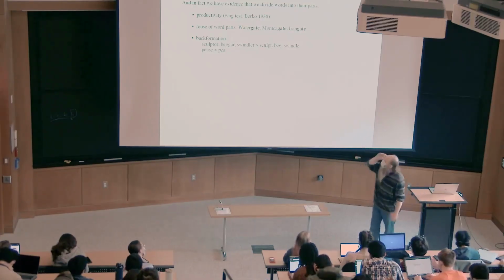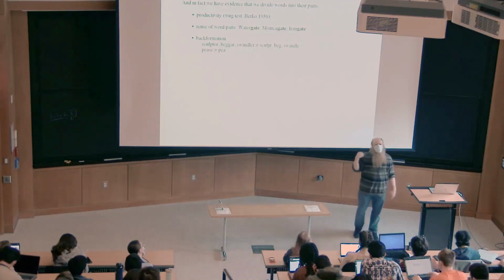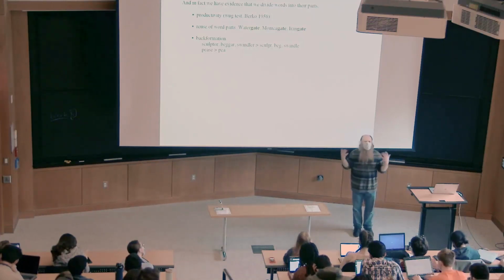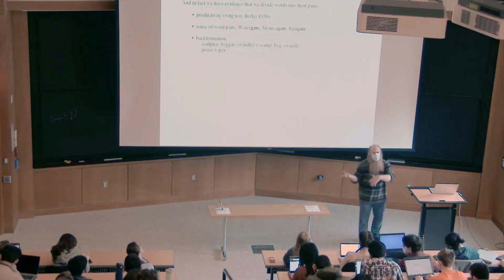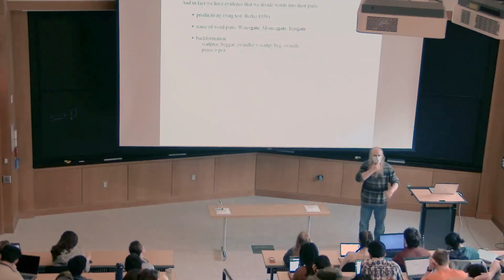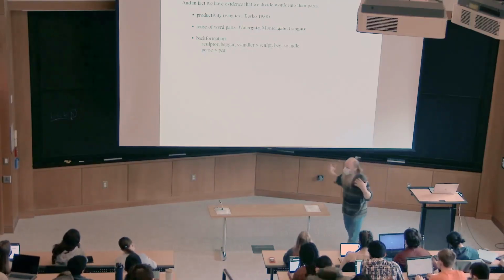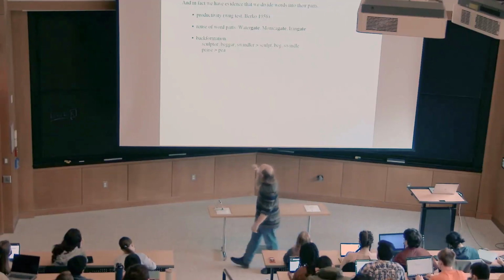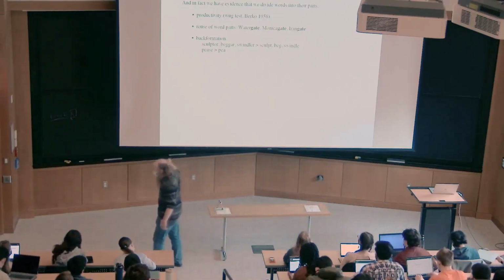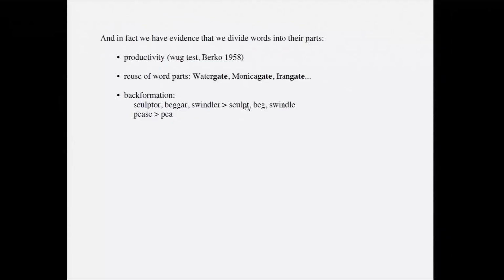And so people made up a singular, pea, yeah, and that's where that came from. But originally, the word that we get from Old English is peas, and it was originally not a plural. People reinterpreted it as a plural.